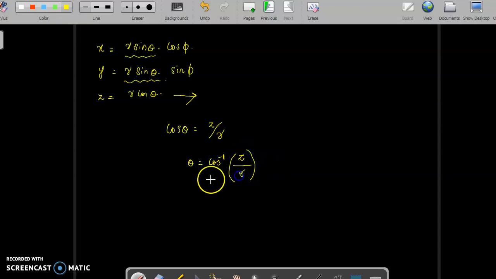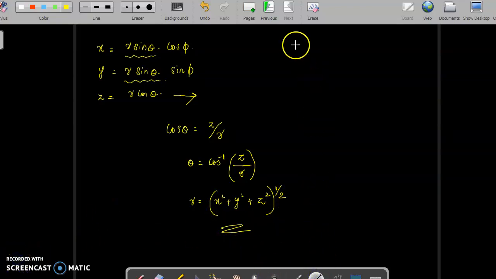We know that the expression of r equals x square plus y square plus z square, all power 1 by 2. So here I am writing down the complete conversion expression of x, y, z to r, theta and phi.